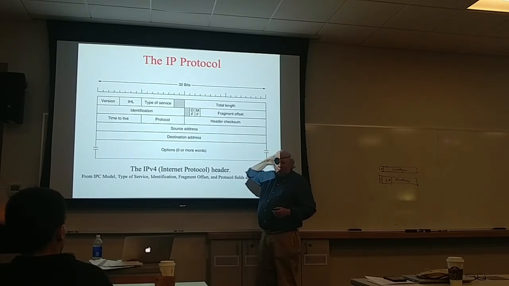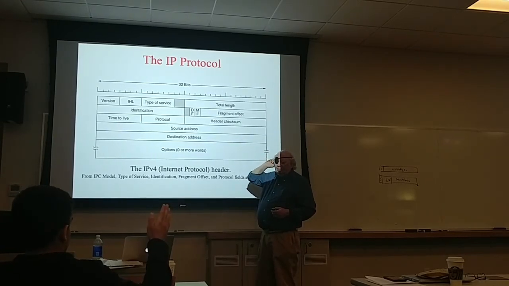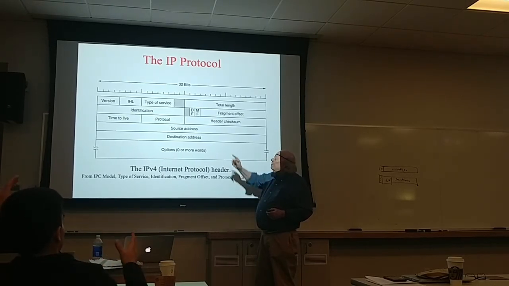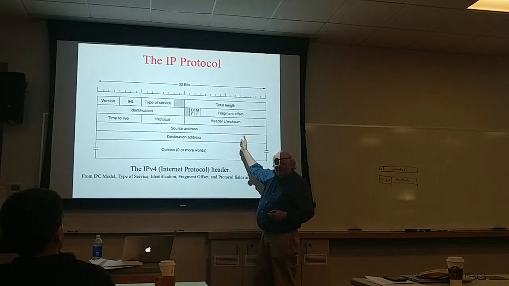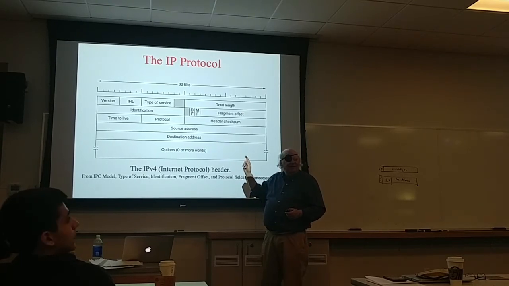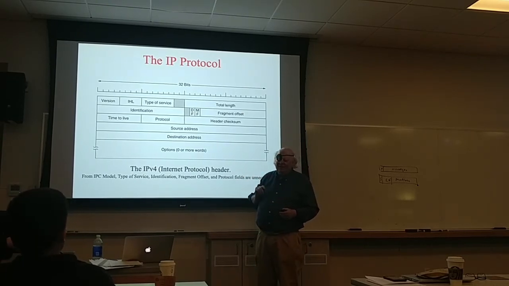So this is every layer's? No, this is just IP. How do you fit all of that into one? This is 32 bits wide. These are the fields in the header. This is what every IP packet looks like. He's saying though, there's multiple rows per bit.